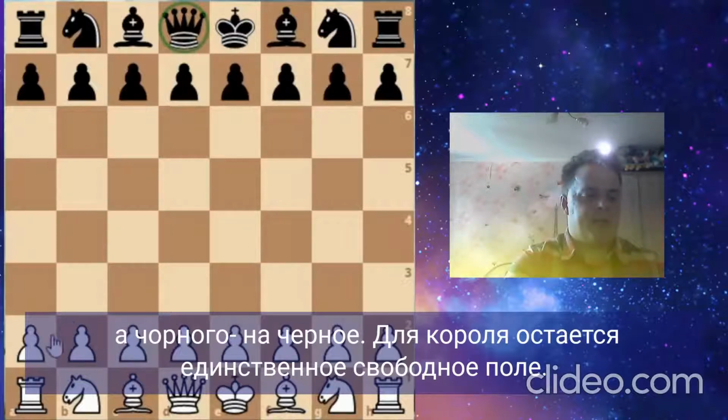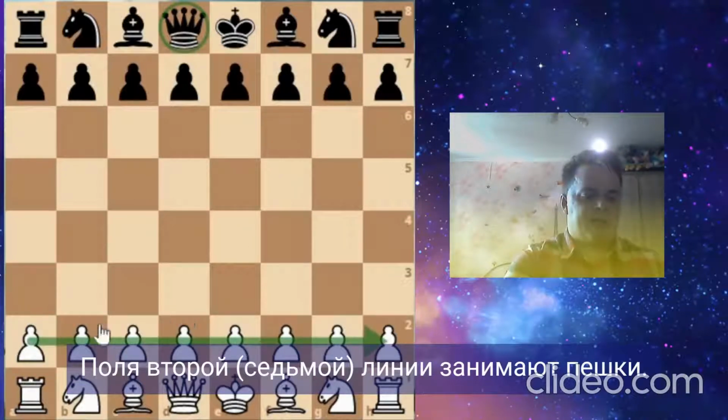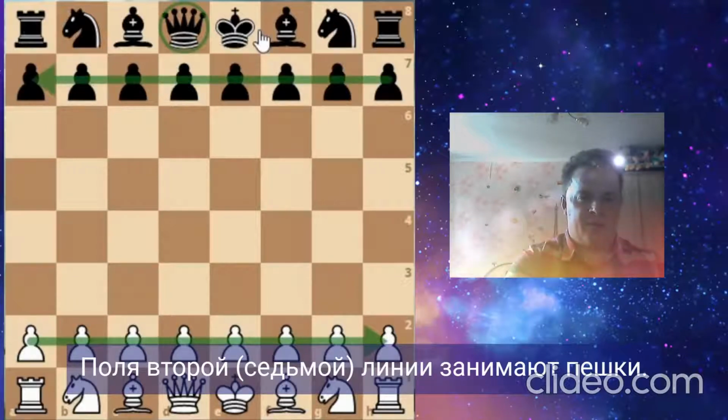The squares of the second and 7th lines are occupied by pawns.